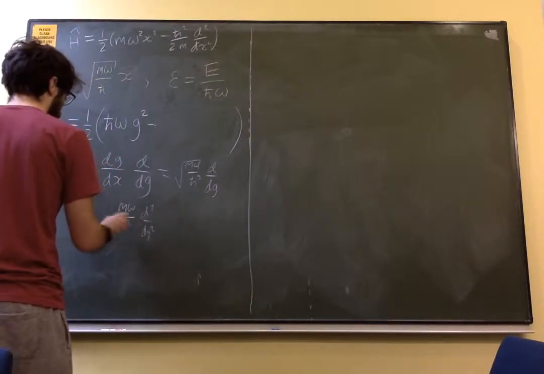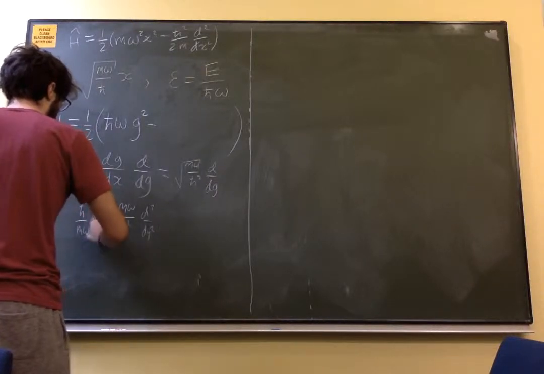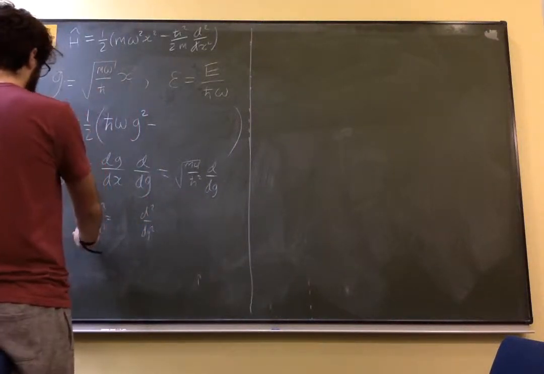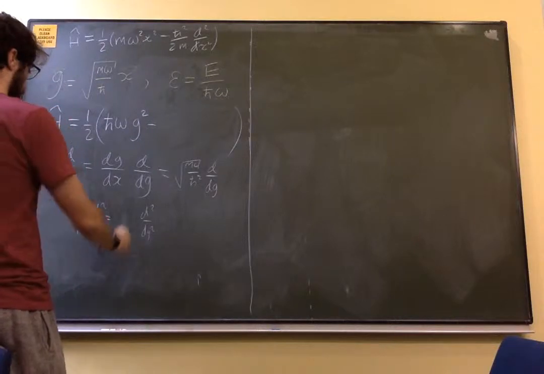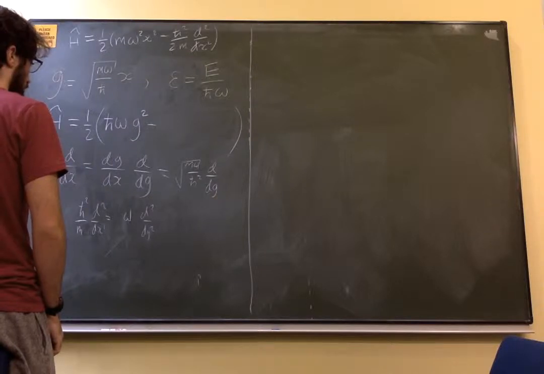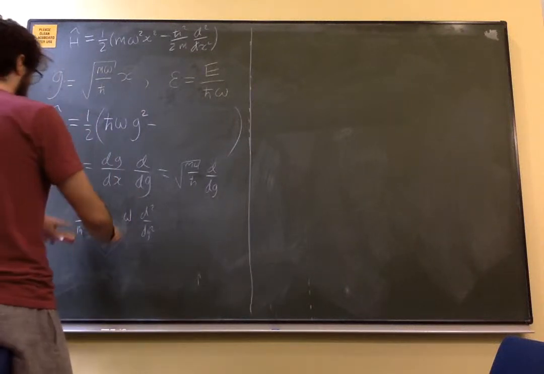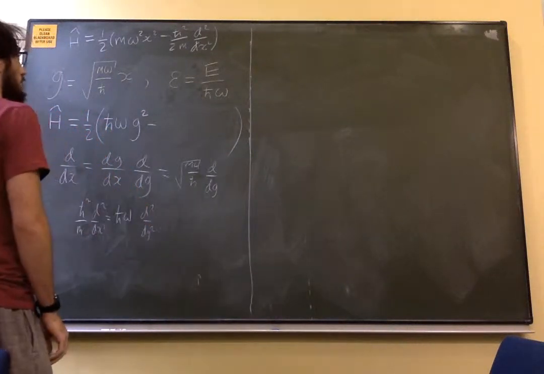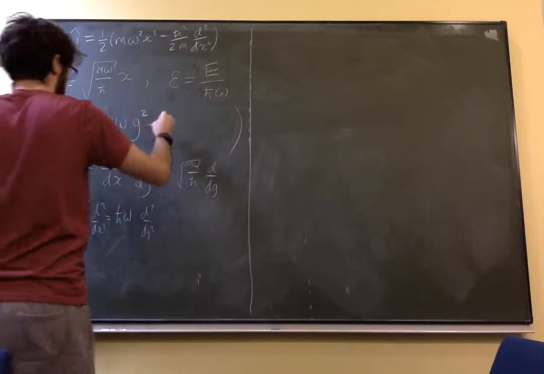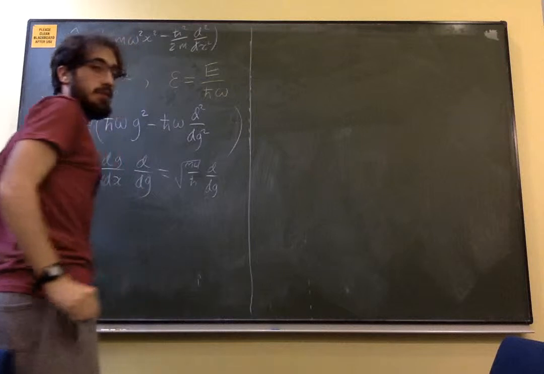Okay, so then I can bring this on the other side and get h bar squared over m omega d2 by dx2 is this, okay? Well, let me multiply through by omega, okay? No, that's not right. Sorry, there's no square here. It's just this. Okay, so I multiply by omega, and then we multiply by h bar, and I get this. So I can substitute this into here like that. Yeah, I factored out the half, remember? This is h bar omega d2 by dG squared. Okay?